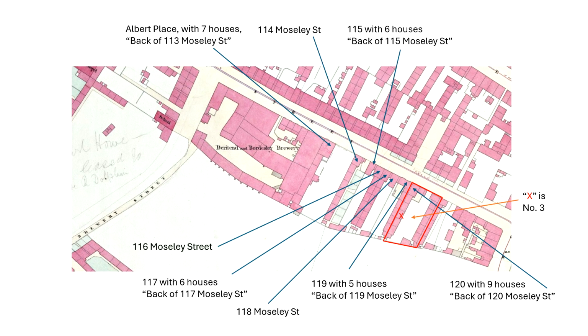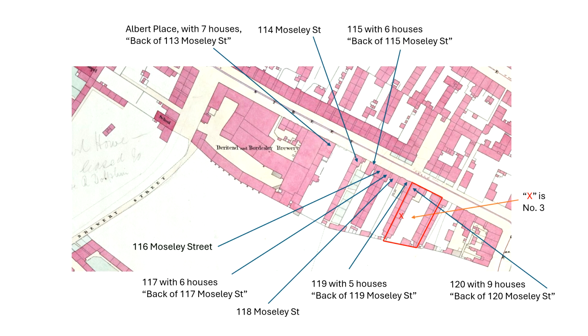So in this example, working out precisely which of these houses on Mosley Street was 120 was just a question of reading the census enumerator's entries and counting how many houses there were at the back of all of the numbers of these principal houses, and then making a list. I then compared that list of house numbers and the number of properties behind them to this map.